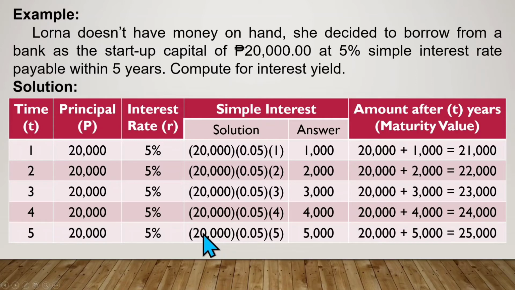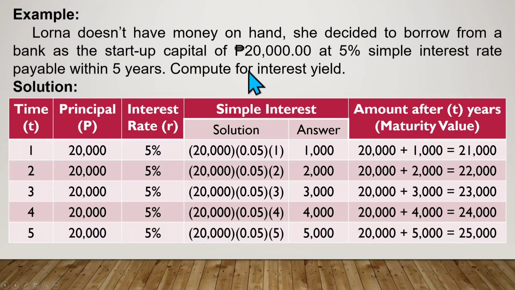On the last year, which is the fifth year, 20,000 times 0.05 times 5, we have the interest of 5,000. And then 20,000 plus 5,000, we have 25,000.